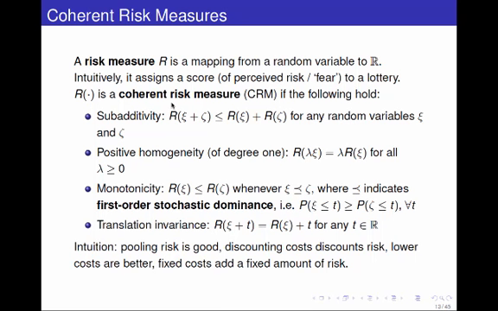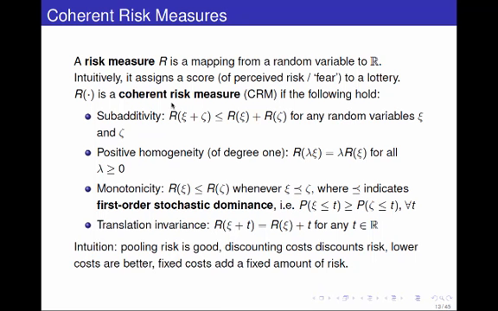When your method of scoring lotteries satisfies these four properties, the resulting risk measure is called coherent, and it is basically a sanity check for any scoring rule you want to come up with for random outcomes. The value at risk criterion that we saw earlier satisfies three of these, but not the subadditivity.